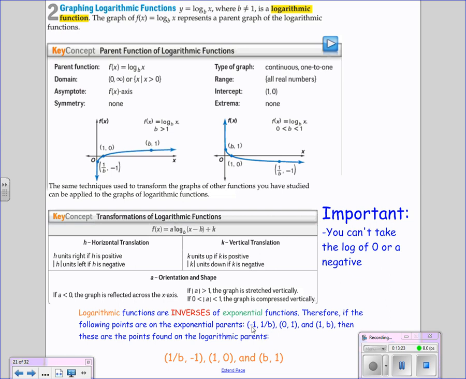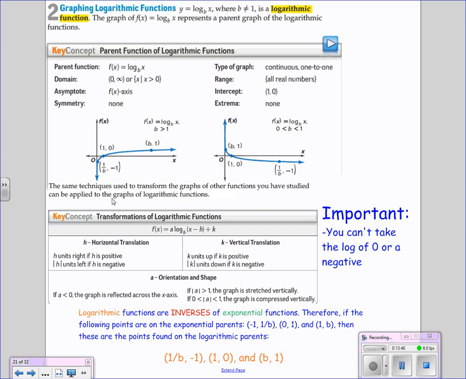So on the exponential parent, we had negative 1, 1 over b, 0, 1, and 1, b. So that means on the logarithmic graph, we're expecting to see the switch because inverse means to switch. So we're going to see 1 over b, negative 1, 1, 0, and b, 1.